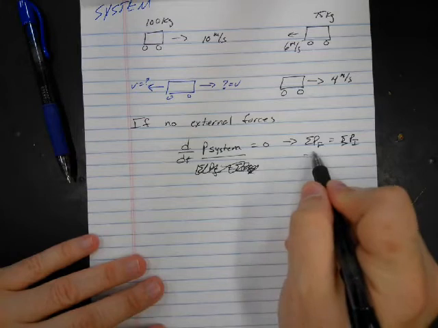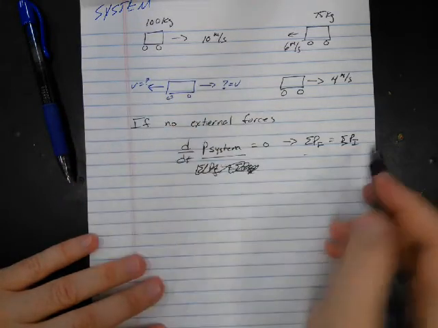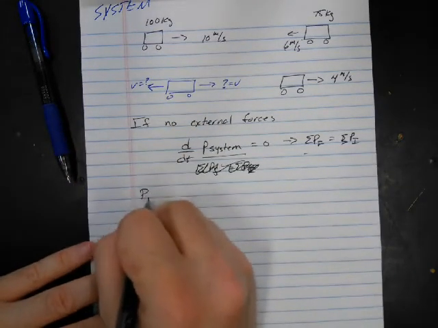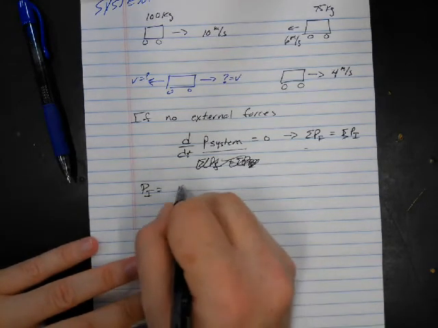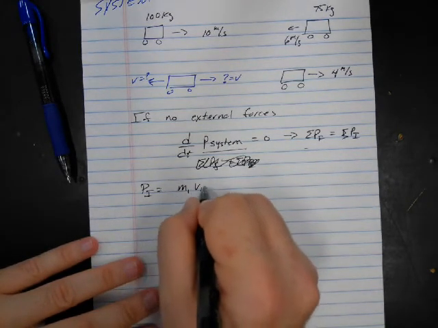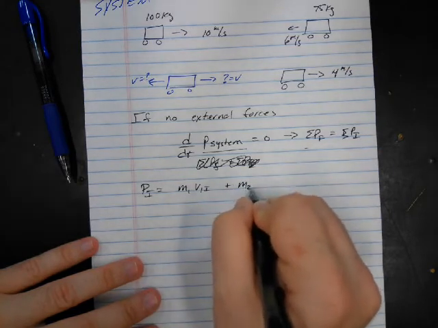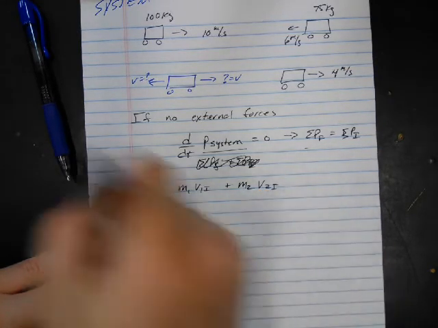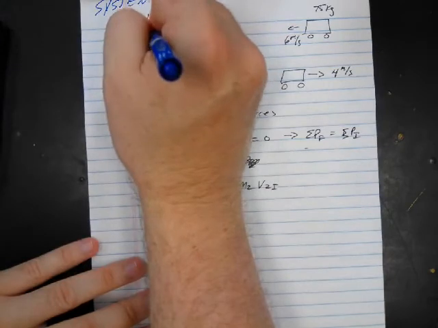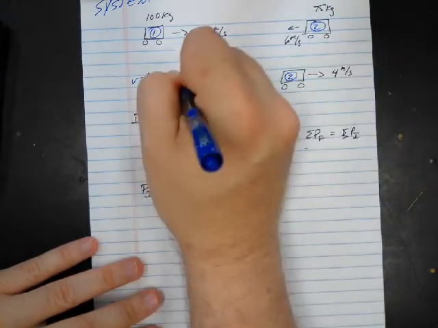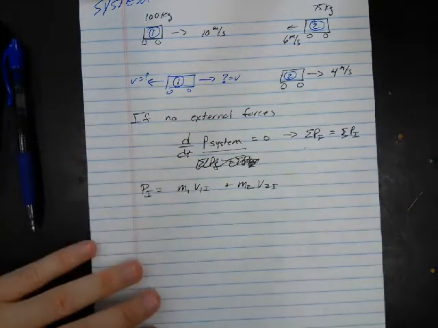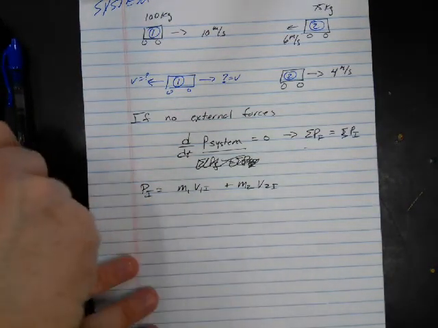Well, this we can just write out in terms of this and this, right? P initial is just going to be M1 V1 initial plus M2 V2 initial. And we can label these. We'll make this cart 1 and this cart 2. So we can fill in the numbers for this.